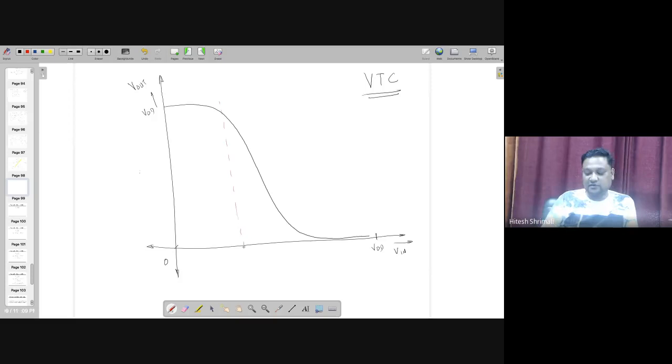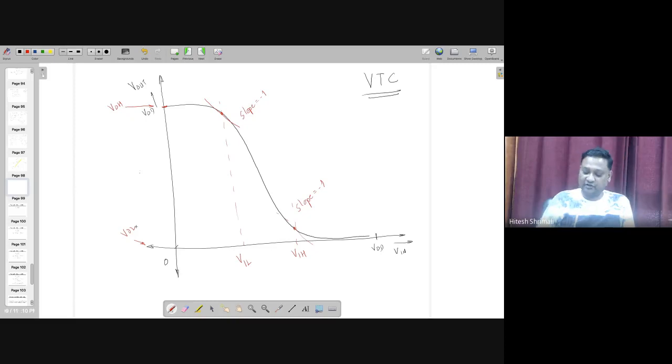This point where the slope is changed and it's -1. Another place where again the slope is -1. These 2 points are defined as VIL and VIH. On the other side, this is going to be defined as VOH, and this will be VOL.